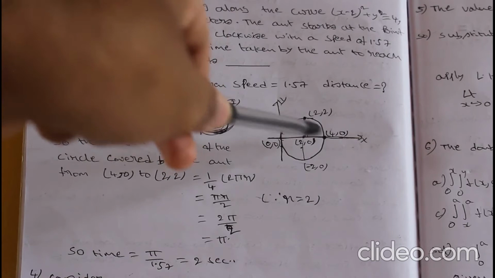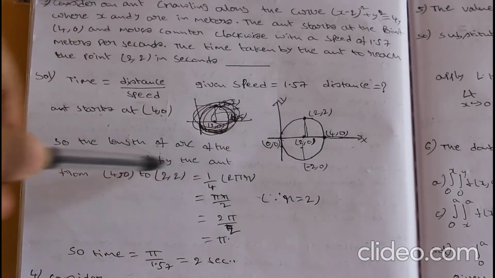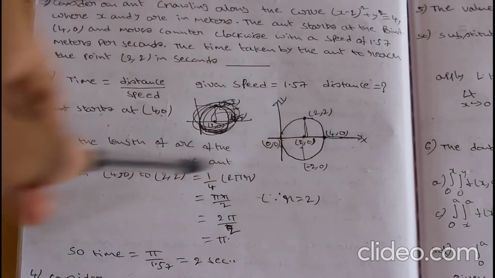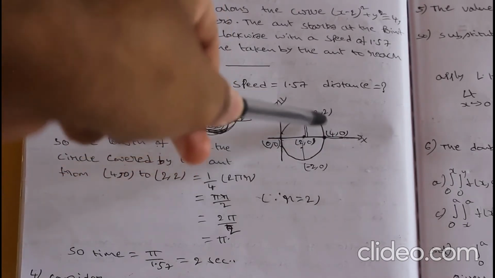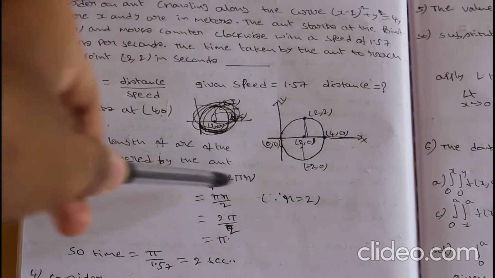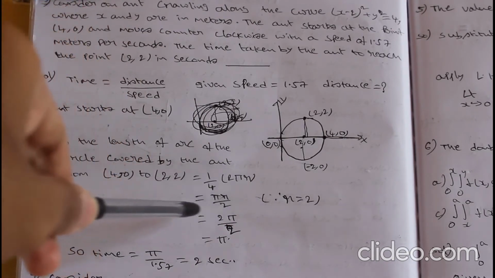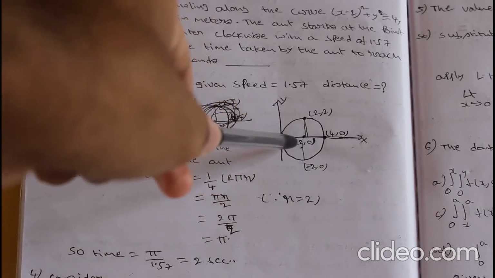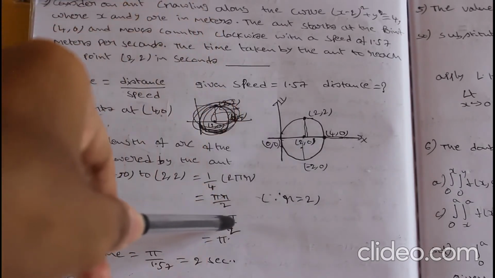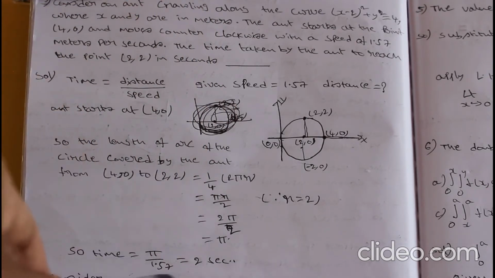So the length of the arc covered by the ant from (4, 0) to (2, 2) is 1 by 4 of the circumference of the circle, that is 2 pi r by 4. With radius r equal to 2, this is 2 pi by 2, so the distance is equal to pi. So time is equal to pi by 1.57. If you find the value in the calculator, you will get 2 seconds. So the answer is 2 seconds.